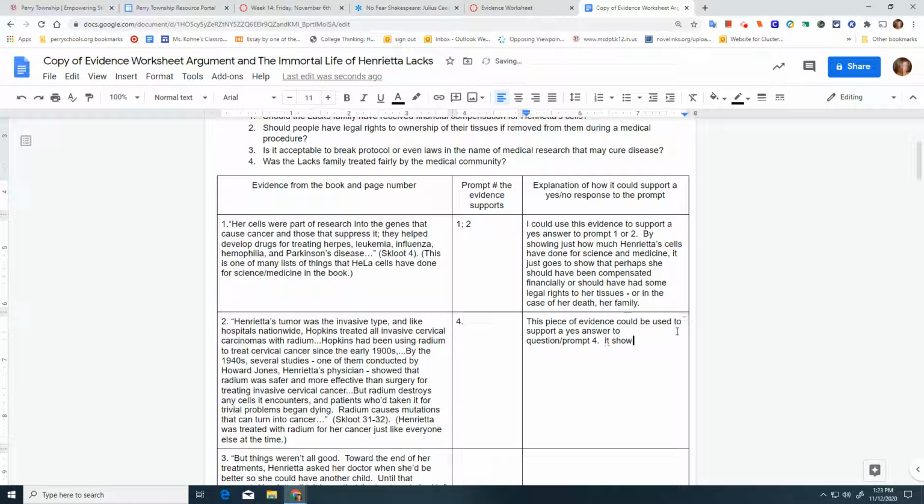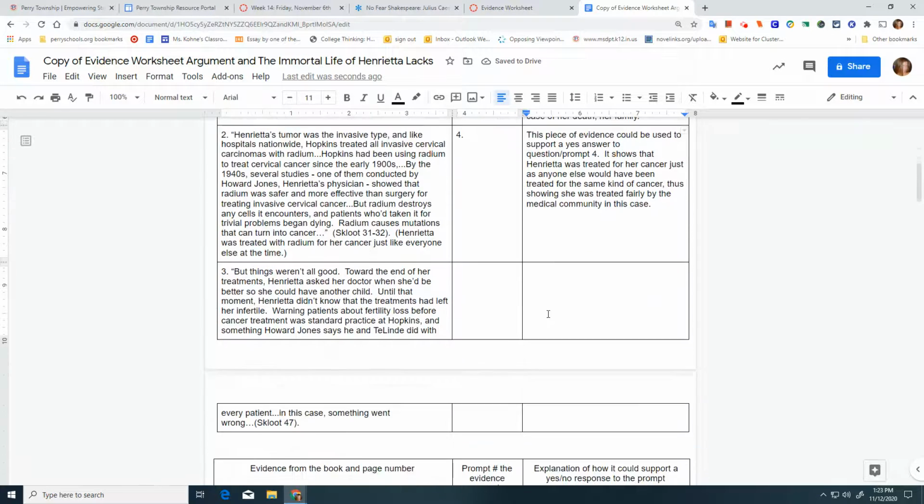It shows that Henrietta was treated for her cancer just as anyone else would have been treated for the same kind of cancer, thus showing she was treated fairly by the medical community in this case. Okay, cool.